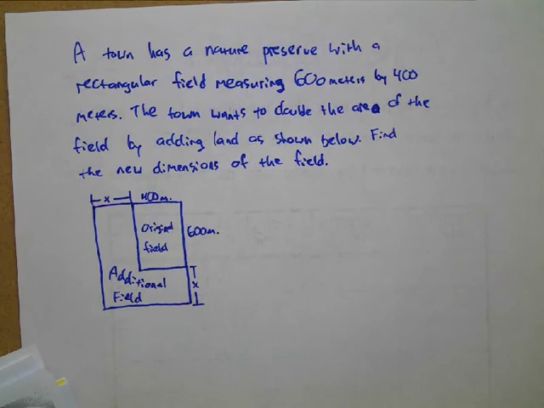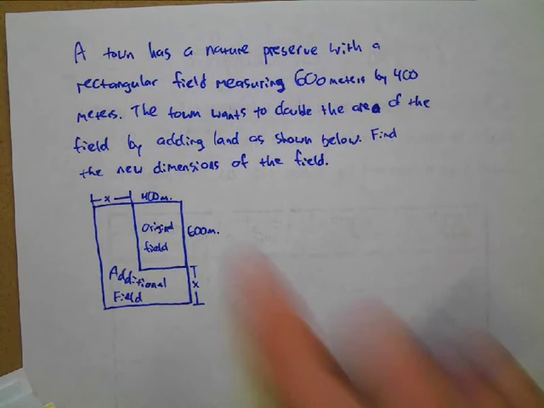We're going to expand that field out, further down, further out, further to the left. So we want to find the new dimensions of the field. How can we relate all this information?